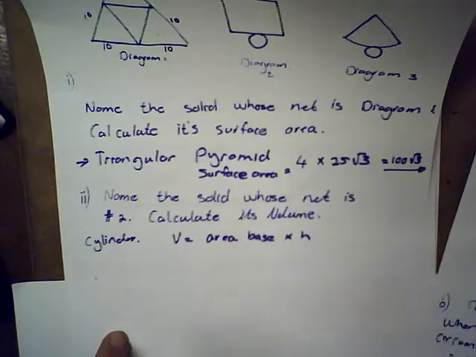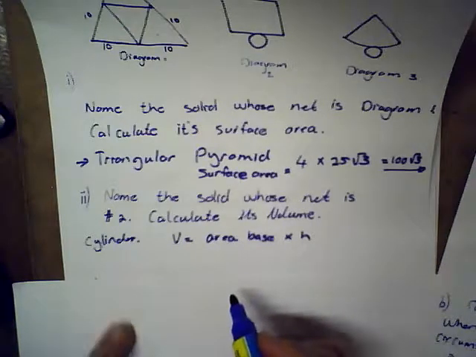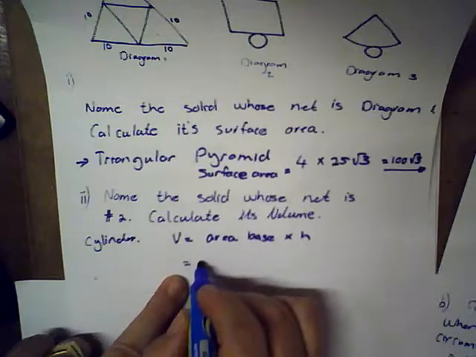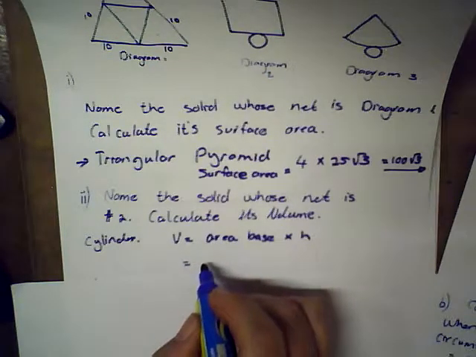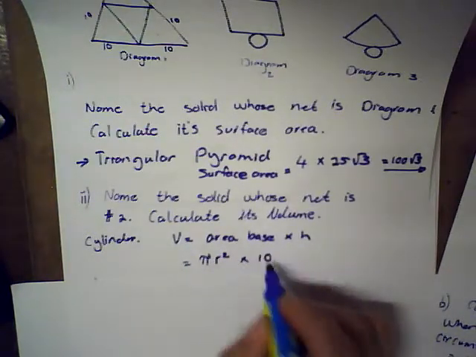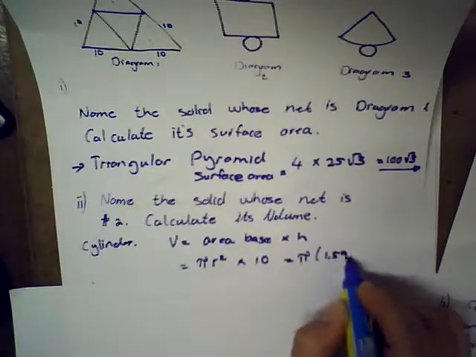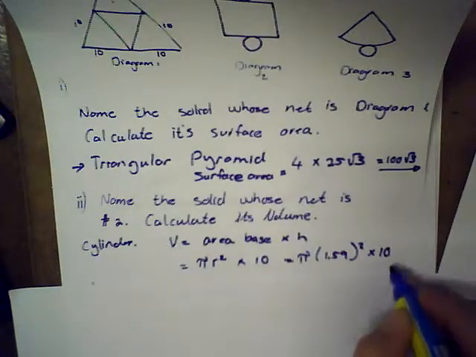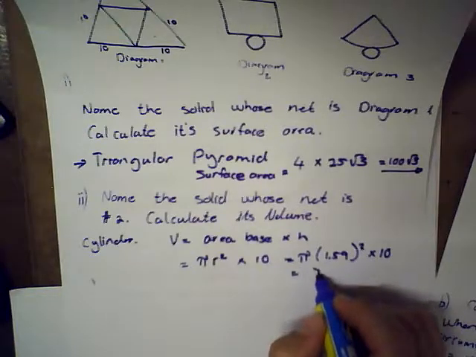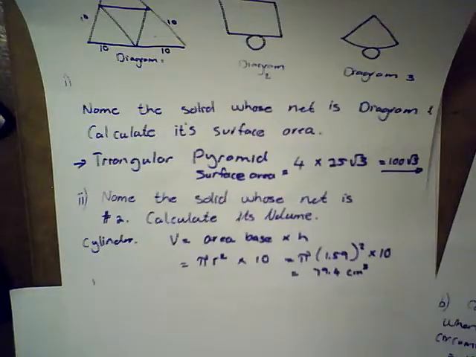So we know that the radius is 1.59 centimeters, so we can find the area. Area would be pi radius squared times the height, and we know that the height is 10, so I can just plug that in, pi times 1.59 squared times 10, and that will give me an answer of 79.4, and its volume, so centimeters cubed.